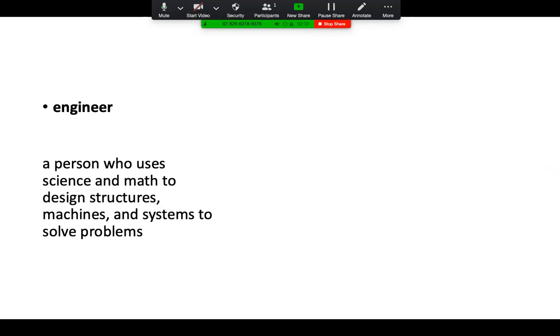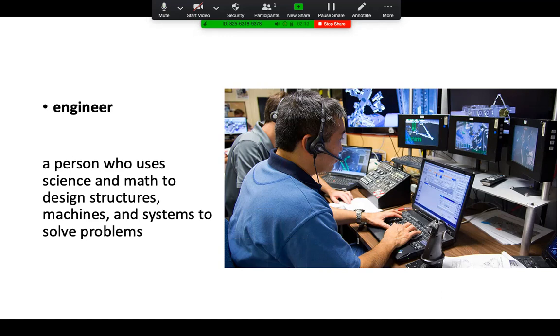Engineer. Who's an engineer? An engineer is a person who uses science and math to design structures, machines, and systems to solve problems.